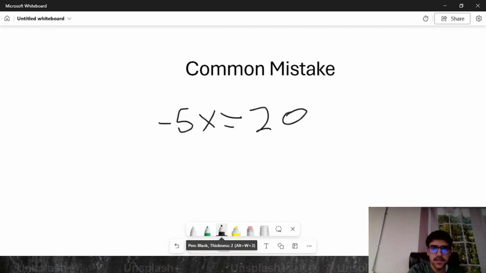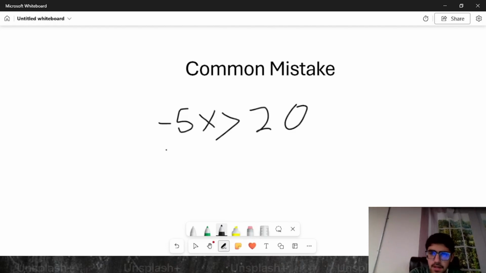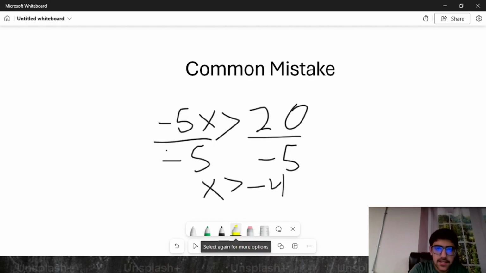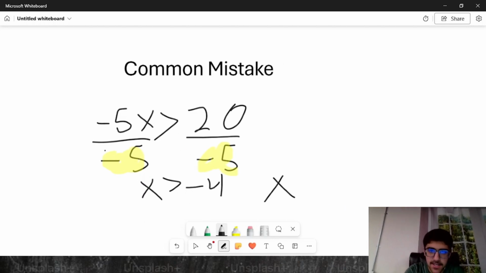So right here to solve for x, I want to divide both sides by negative 5. So you might say, okay, so x is greater than negative 4. But there's a rule: if you divide by a negative, you have to flip the inequality. So the actual answer would be x is less than negative 4, because you divided by a negative.